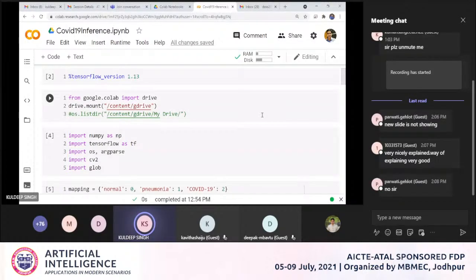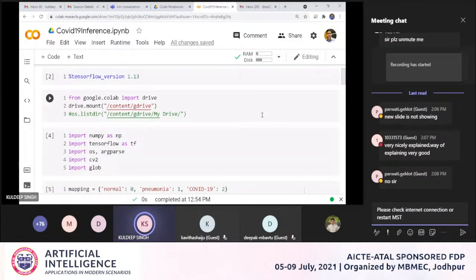For the demonstration purpose, I have created a notebook on Google Colab. I hope you are all aware of what Google Colab is. It's a cloud-based service from Google, and it provides you certain computing resources for developing and testing your models. You can develop your own code here, train the model, and then test your model.